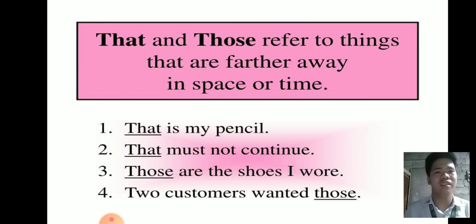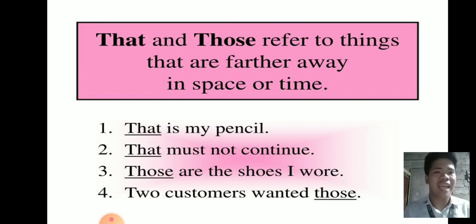For example, that is my pencil. That must not continue. Those are the shoes I wore. And the fourth example, two customers wanted those.